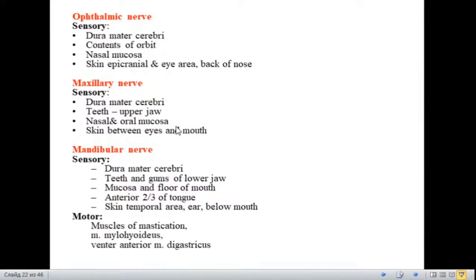Then general sensory innervation of the anterior two thirds of the tongue and skin below the oral fissure and skin of the temporal area. Motor fibers supply all muscles of mastication, and besides that some suprahyoid muscles. They are musculus mylohyoideus and the anterior belly of the digastric muscle.